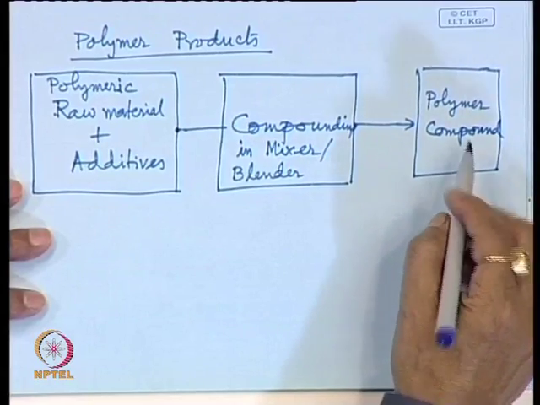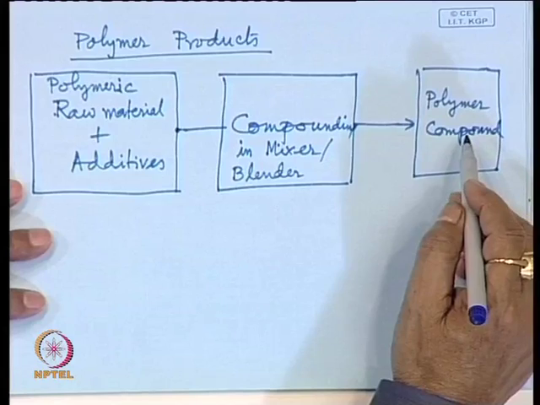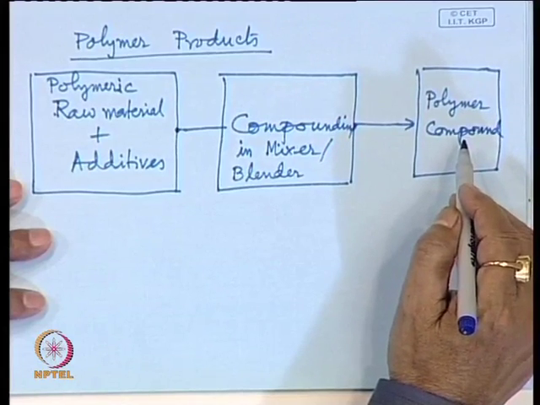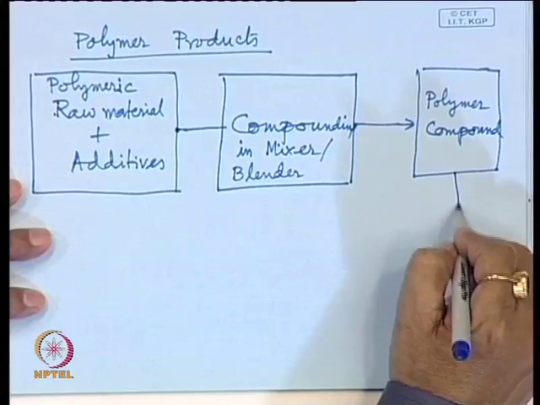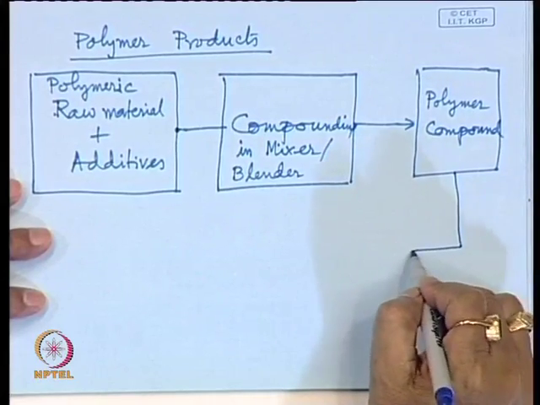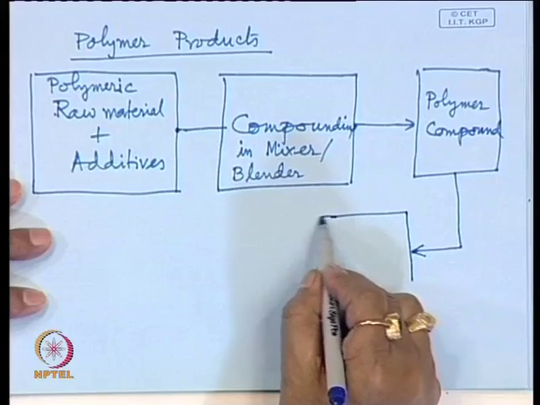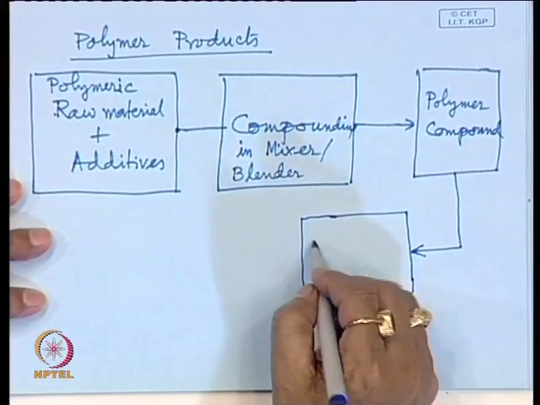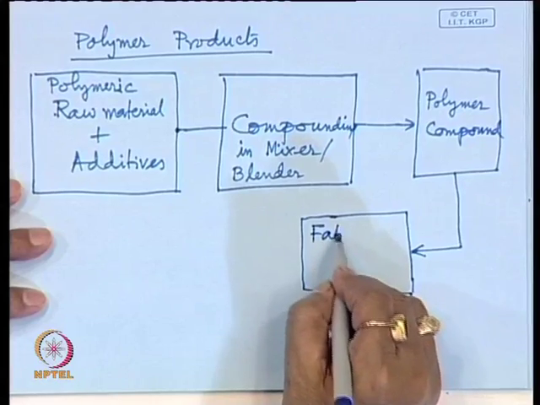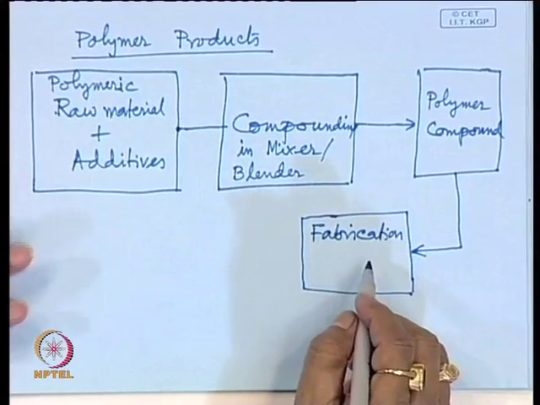Then this polymer compound is a mixture of virgin polymer, pure polymer, and various functional ingredients or additives. Okay. Then it has to be processed by fabrication machineries.